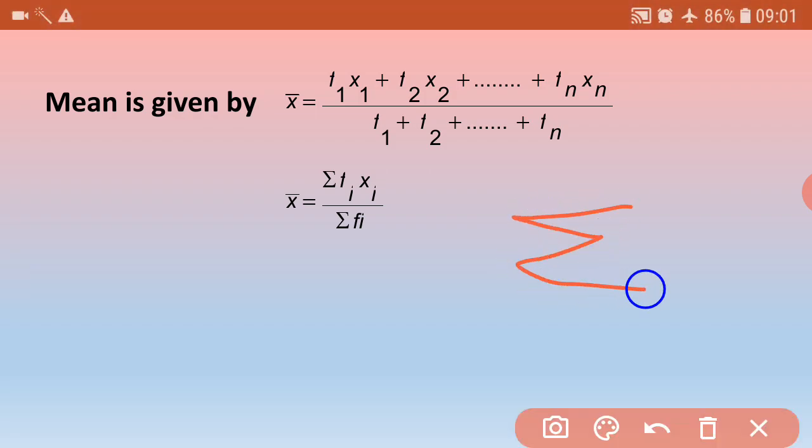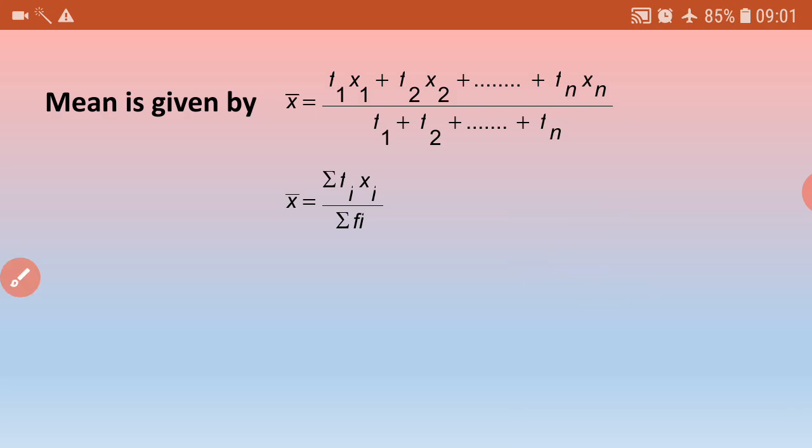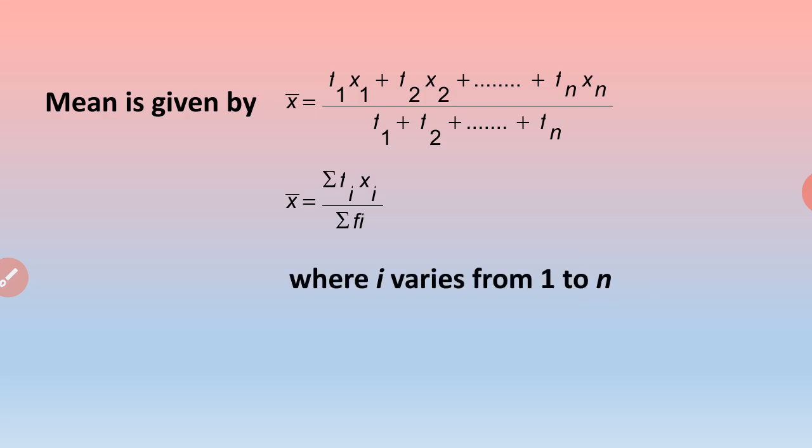It means addition of, or sum of. So the formula is x bar equal to sum of fi xi upon sum of fi, where i varies from 1 to n. They will be the number of observations that are shown over there.